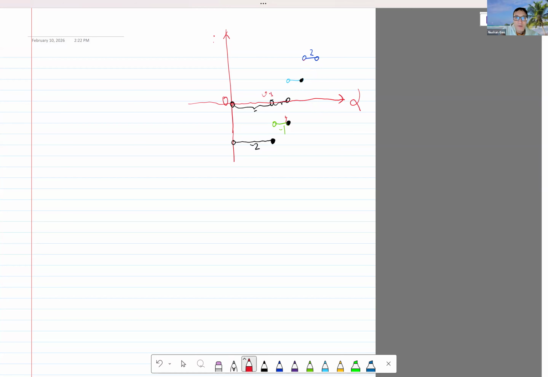This is 0.5, 0.6. This is 0.9, okay? And this is 1 coordinates.